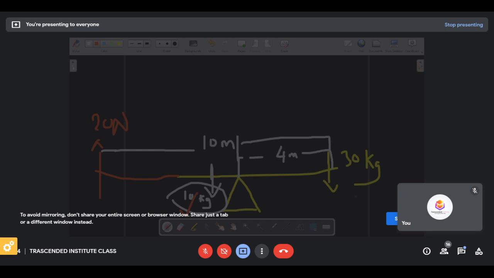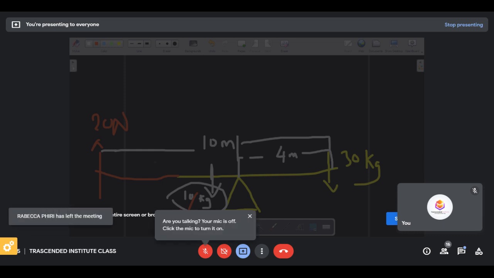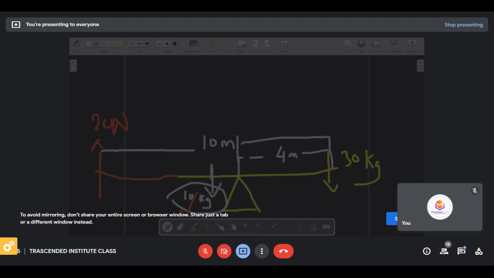Bring back the board, yes. I saw a question saying the same rod, and then there was a person standing on the rod 1 meter away from the left end. And then they said there are forces acting on each end. How are we supposed to draw those forces when they just say there are forces acting on each end?